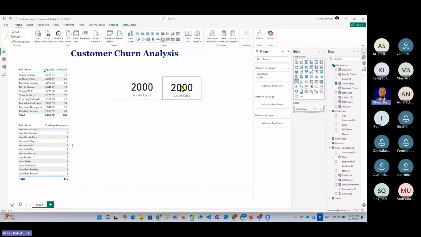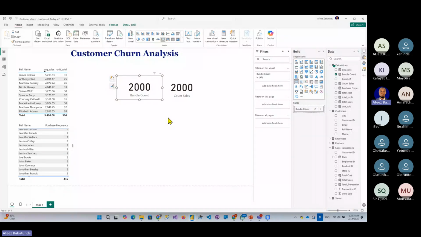I don't know if you understand the aspect. There's no place where we have the same transaction ID that repeated itself on the sales table. So we have the same thing.